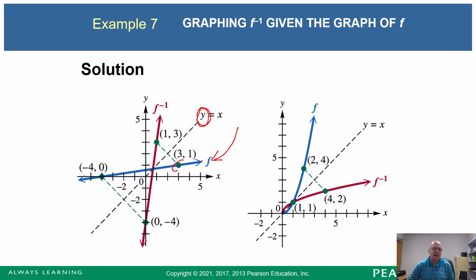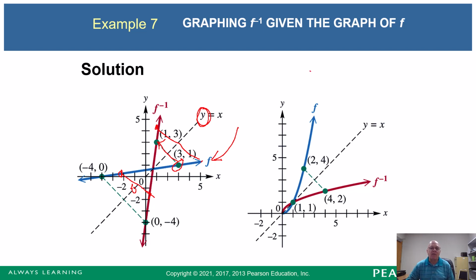Notice this point moves over there, this point moves over there, and the same distance, by the way, too. Going from blue straight to the y equals x, and on the other side, the same distance would be on the inverse.